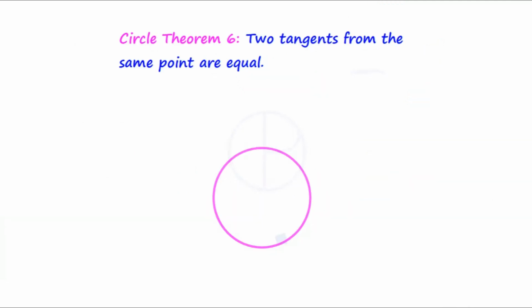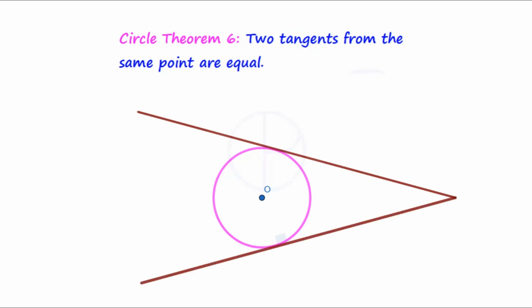The next theorem is two tangents from the same point are equal. In the circle, O is the center. Let's draw two tangents. P1 and P2 are the points of contact with the circle. OP1 and OP2 are radii of the circle.